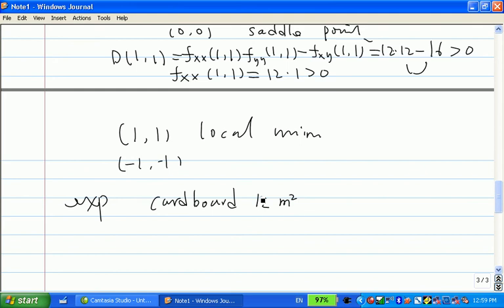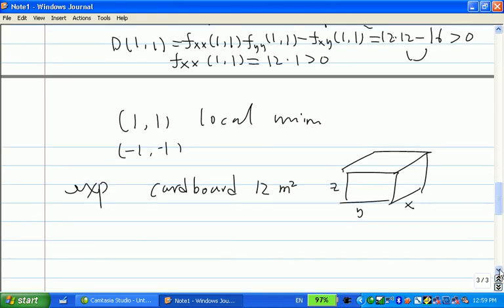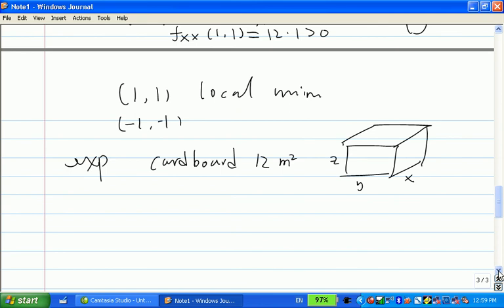We want to use this cardboard to make a rectangular box. Here is x, y, and z, without a lid. Now what do we want? Obviously you give different x, y, z, then you make a different box, with a different dimension.